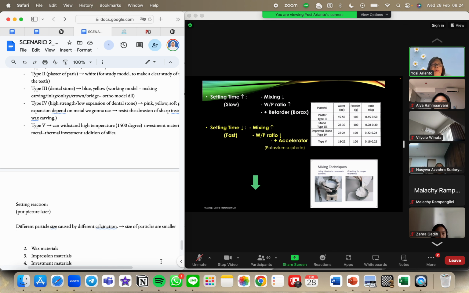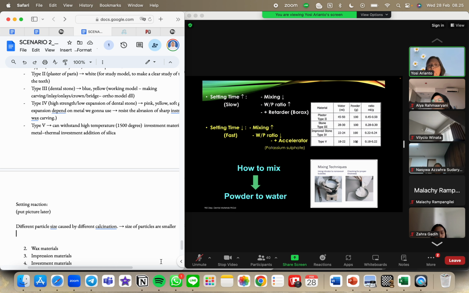But for a faster setting time, we mix longer, the water powder ratio is lower, and we can also add some accelerator, which is potassium sulfate.